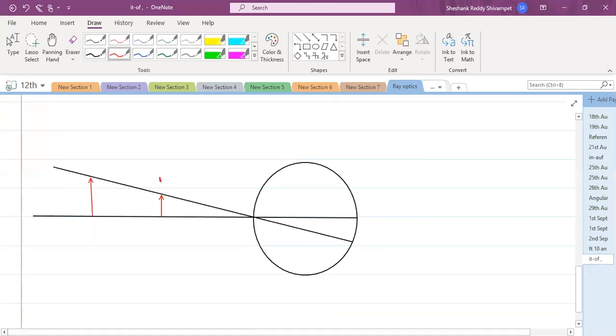Now for us, object 1 and object 2. What happens is, if I look at these two objects at different distances, but the angles subtended by 1 and 2 are the same, the height of object 1 and the height of object 2 which we see will be equal. The height of the image.